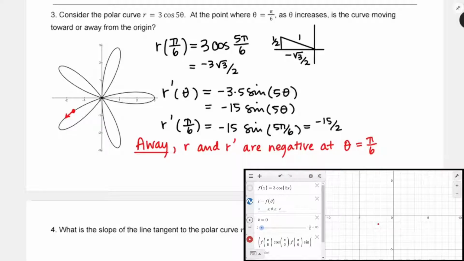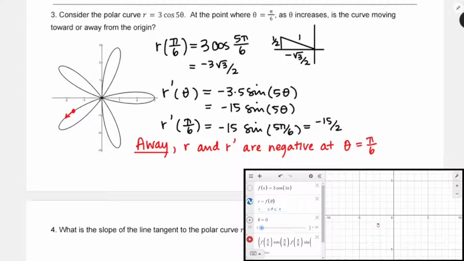I figured since I've got the calculator out, I might show you what's going on here. I've got a polar plotter where it graphs up to k, and I'm going to let k run from 0 to just a little bit beyond pi over 6. I also have this red dot marked over here where we are.